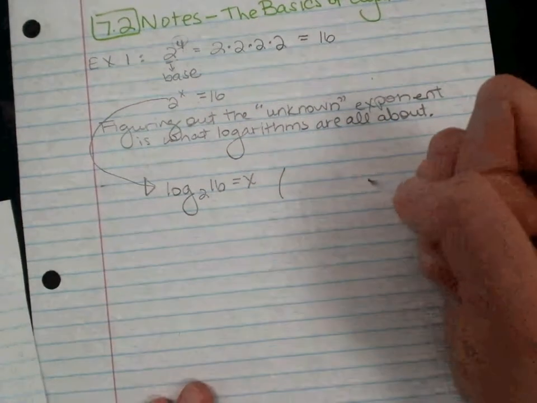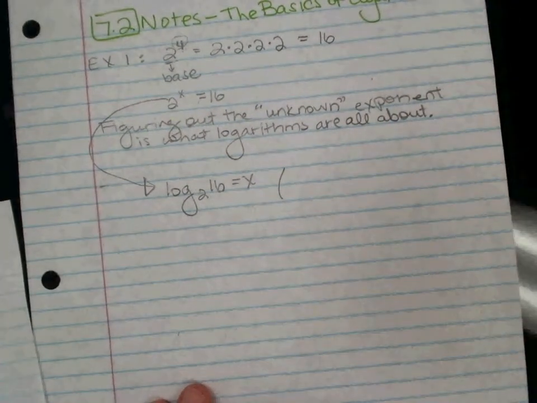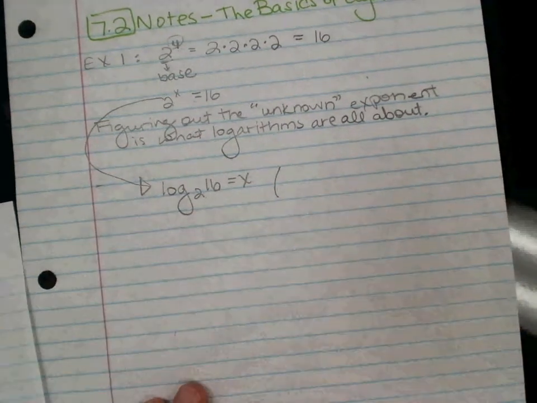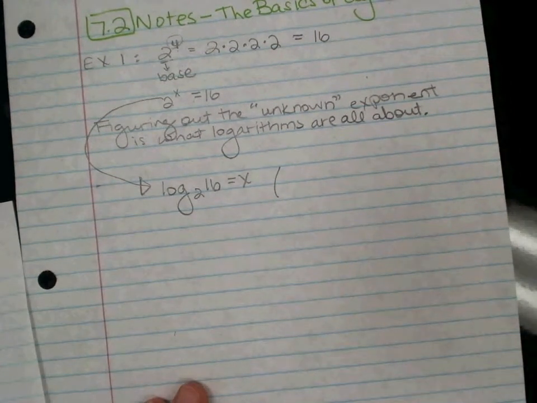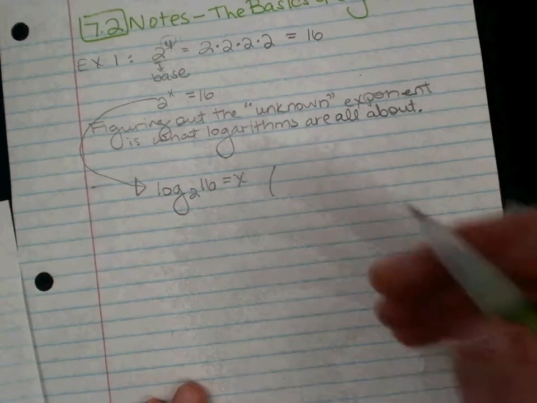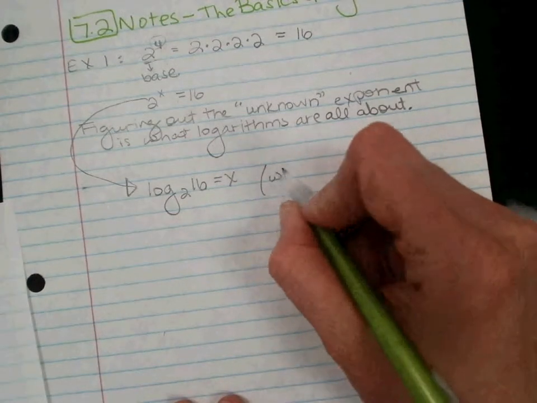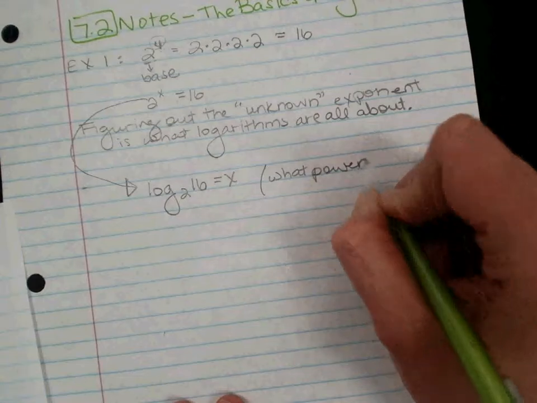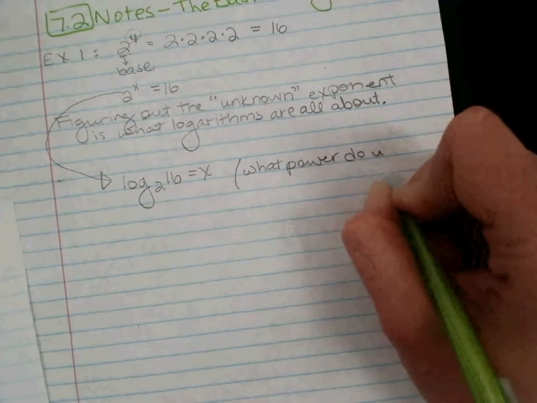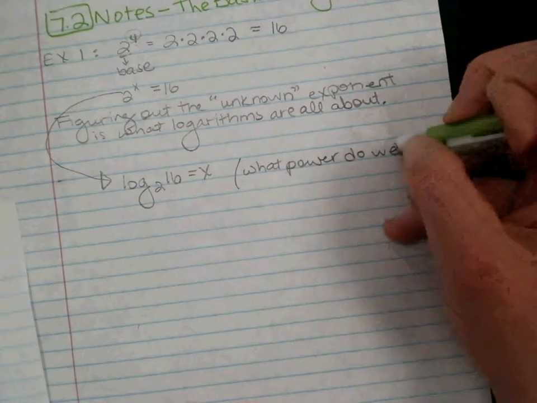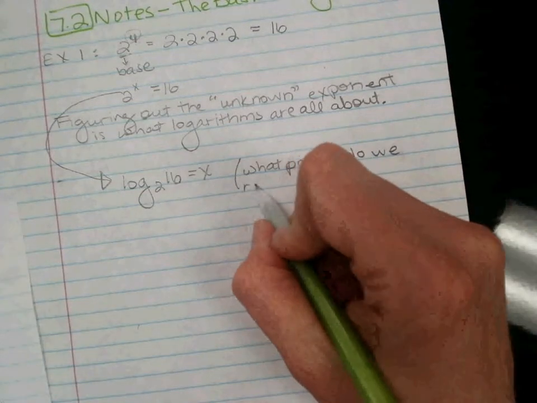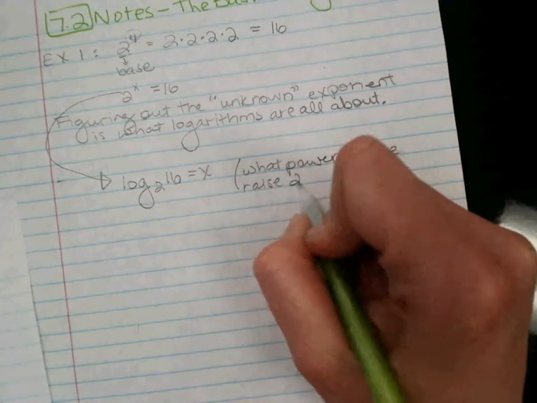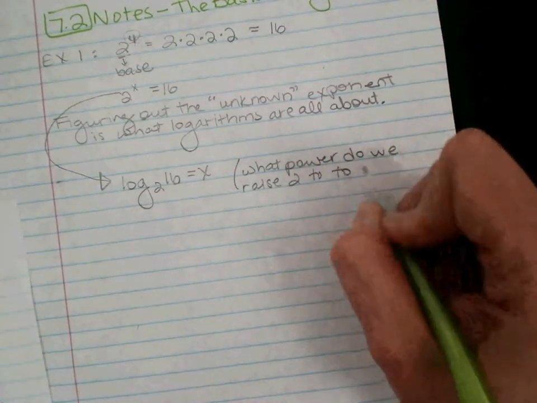It always helps me to be able to translate that word log into a mathematical action. So you could read that as, what power do we raise 2 to get 16?